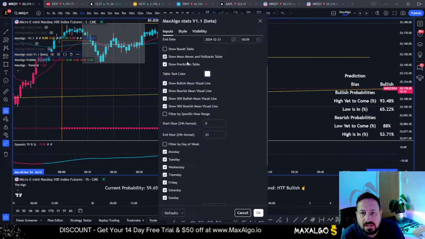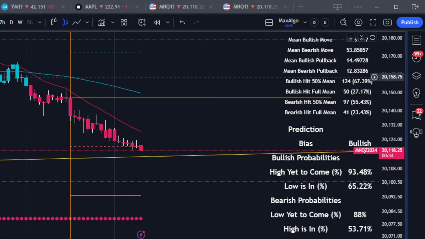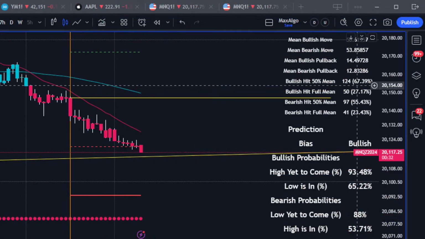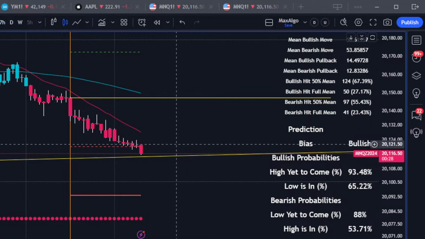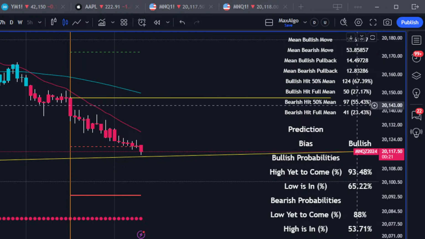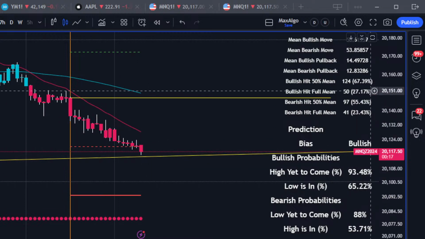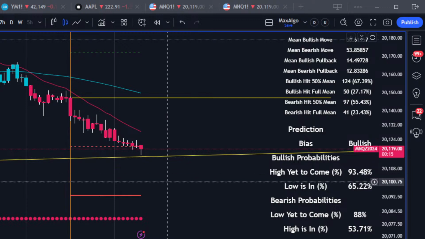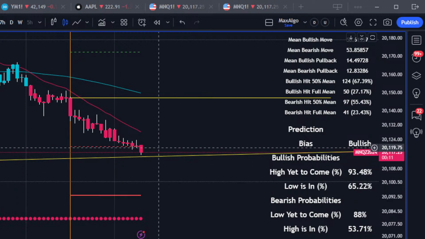So if we show our mean data, just zoom in. So you can see that there's a 67% probability we hit that 50%, yeah? And then there's a 55% probability based on 97, and a 23% probability of price coming to that level. So obviously we've added the probability of the targets for you as well, so you know what that is.